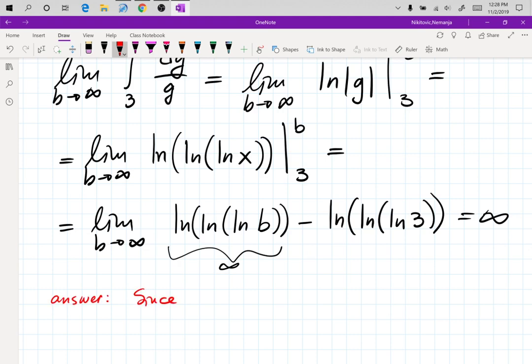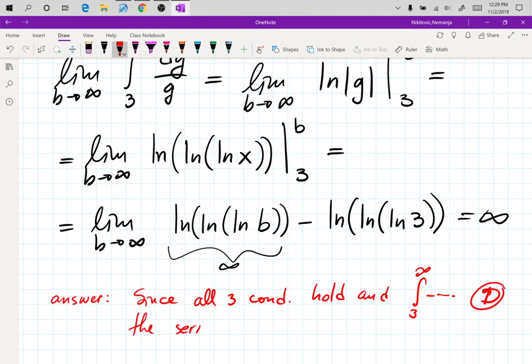Since all three conditions hold and the integral from 3 to infinity diverges, the series summation from 3 to infinity of 1 over n ln n ln ln n diverges by the integral test.